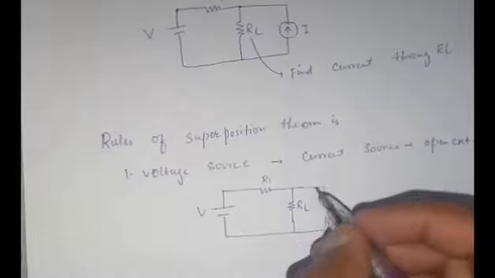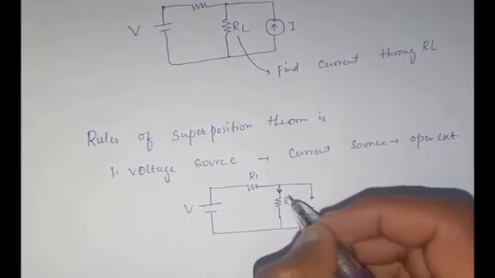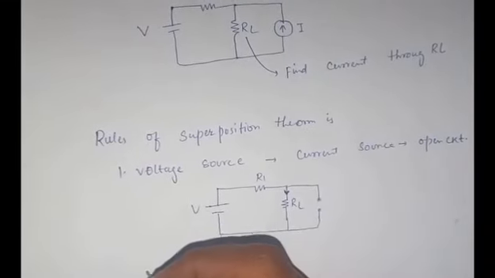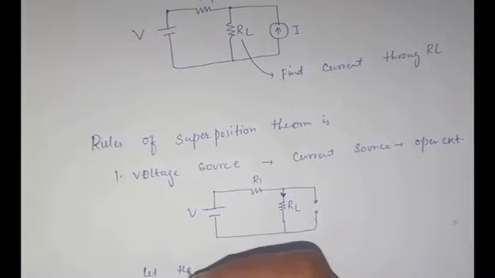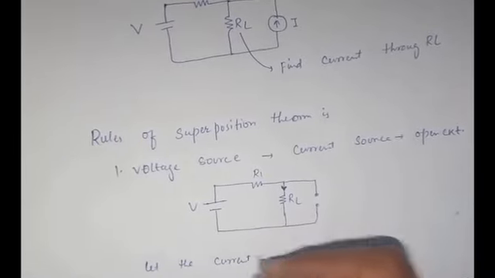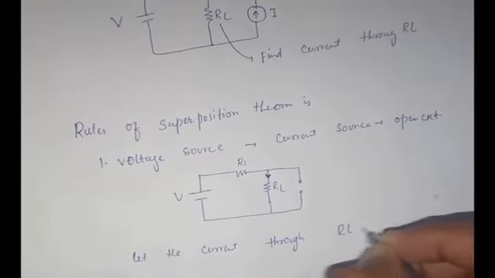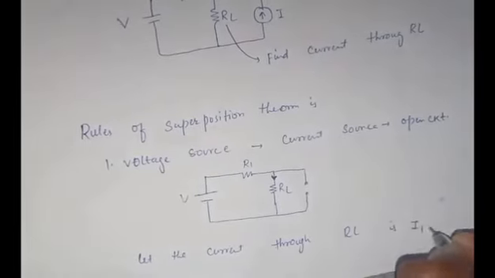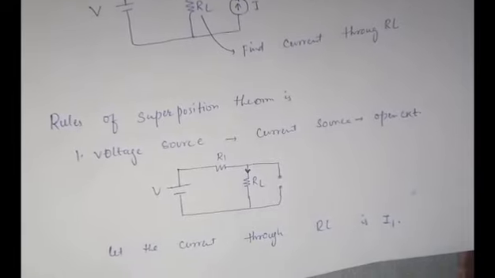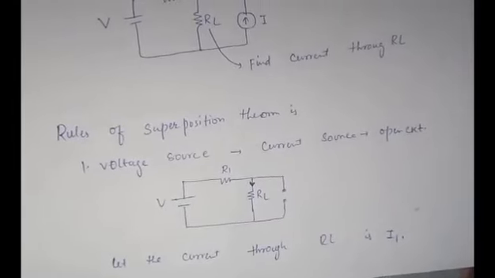We have to calculate the current through RL. When we consider the voltage source, we consider that the current through RL is I1.